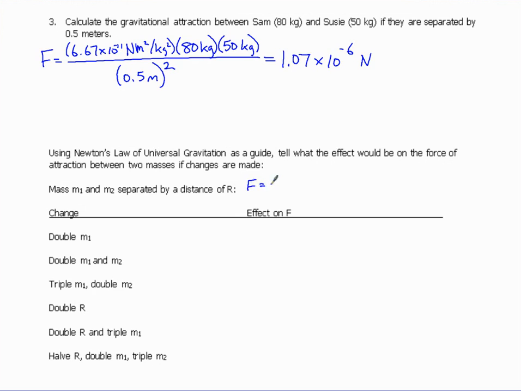So if we double mass 1, so let's say 2 times mass 1, and here's mass 2, here's the distance squared. What is the effect on F? Here's what's happened. 2, 1, 1 squared. We have doubled F.